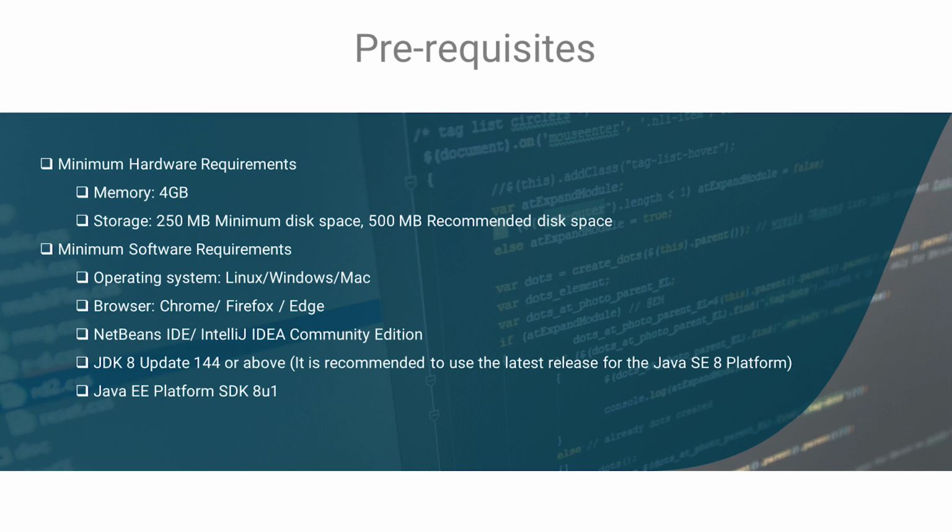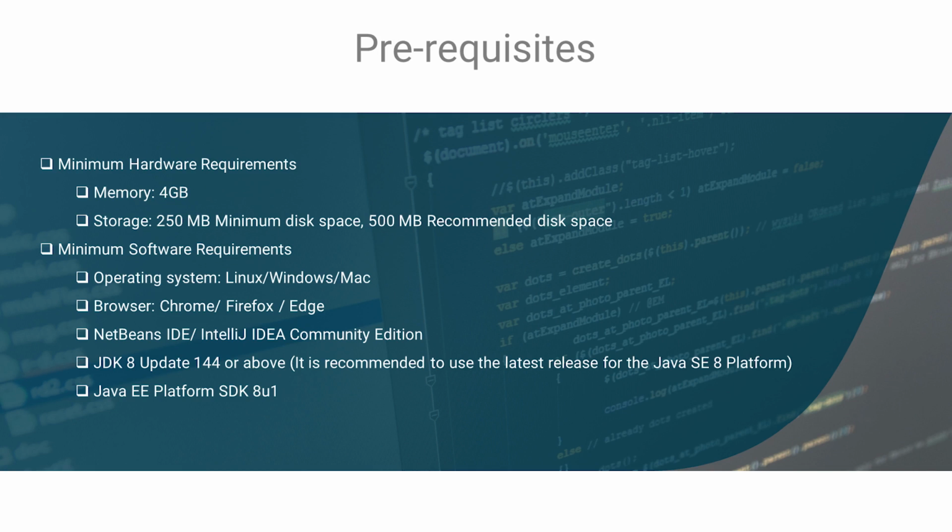As minimum software requirements, you should have Windows, Linux, or Mac operating systems installed on your machine. You're free to use your favorite web browser like Chrome, Firefox, Edge, or any other. You should also use an IDE of your choice like NetBeans, IntelliJ, or any other. But it's recommended that you use the NetBeans IDE here for a better learning experience.